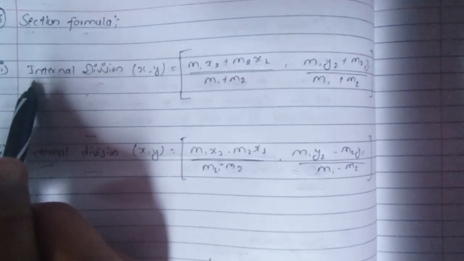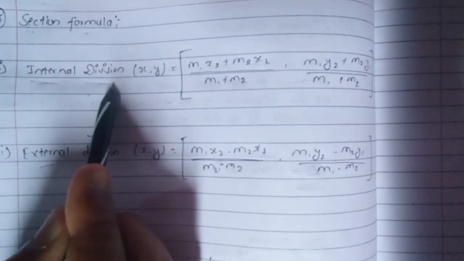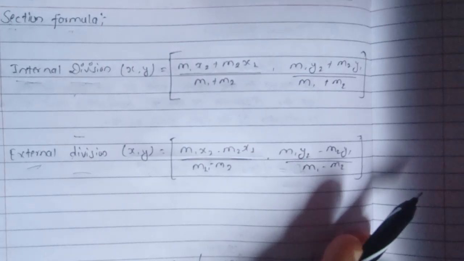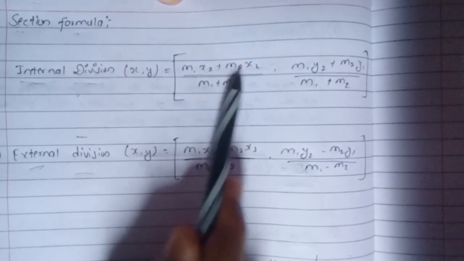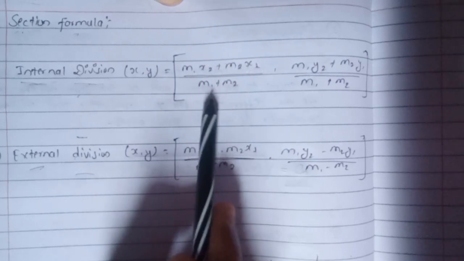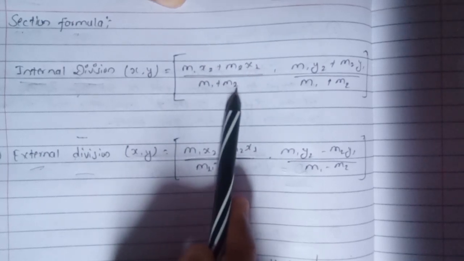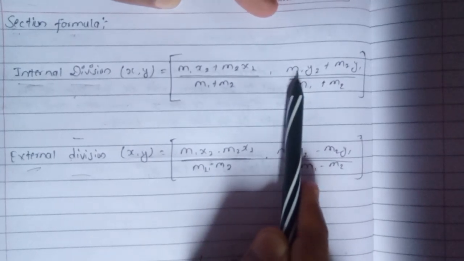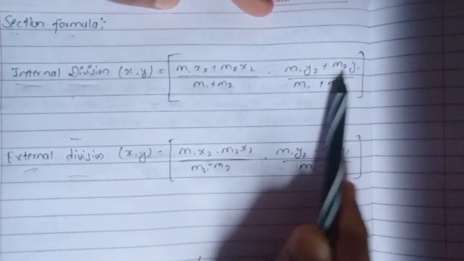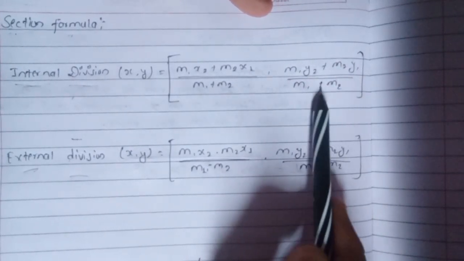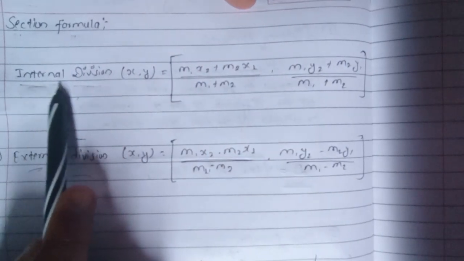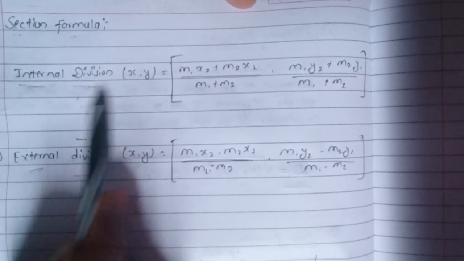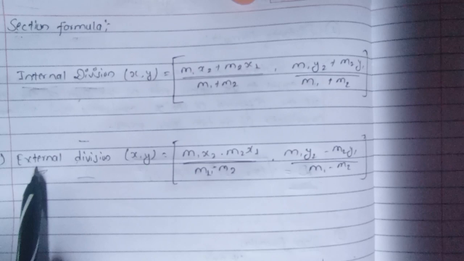For internal division, x comma y is m1 x2 plus m2 x1 whole upon m1 plus m2, comma m1 y2 plus m2 y1 whole upon m1 plus m2. This is the formula to calculate internal division of a straight line.